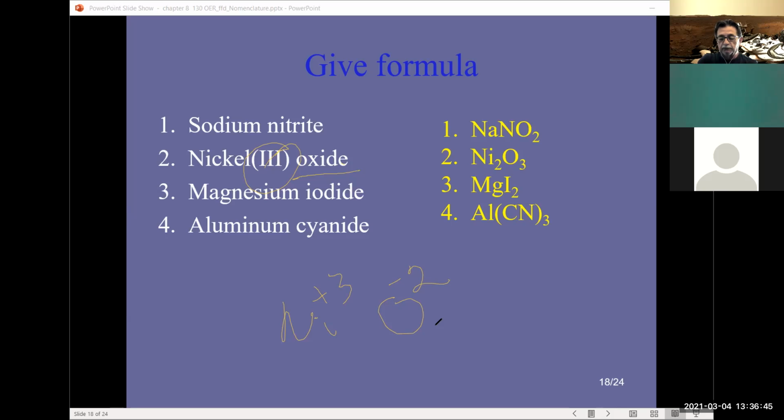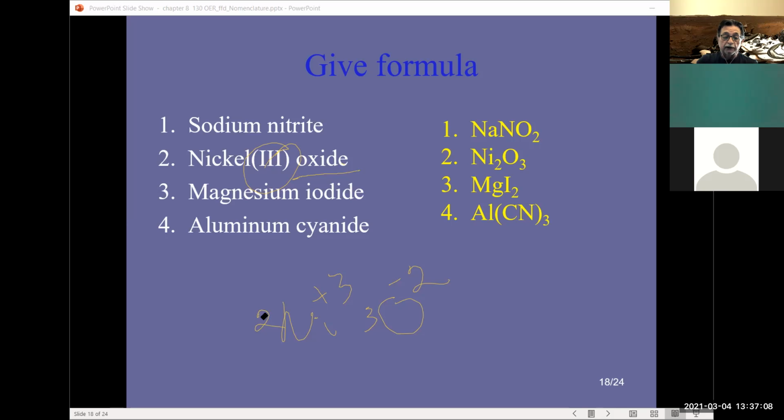We have a dissimilar number of charges, so we find a common factor, which tells us that we're going to need 3 oxides and 2 nickels. And that's our formula: nickel subscript 2, O3.